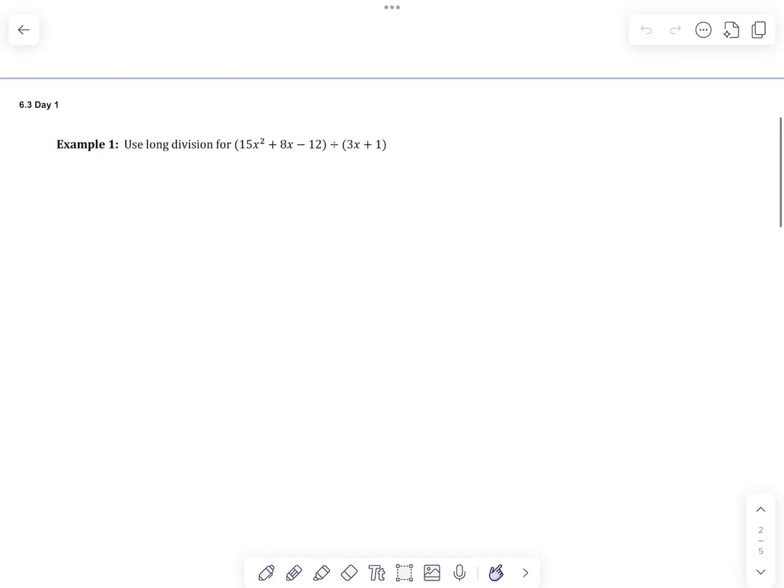So here's our first example. So we have the 15x squared plus 8x minus 12.